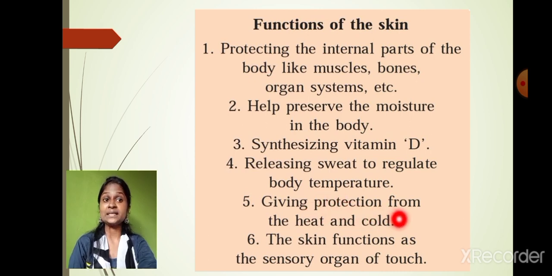And most importantly, the skin functions as the sensory organ of touch. So these are the different functions of the skin we have learned so far. Don't you think the skin is a very important organ of our body, protecting all the internal body, and it is responsible for what? Sensory organ, and responsible for what? Sense of touch. Is that clear?